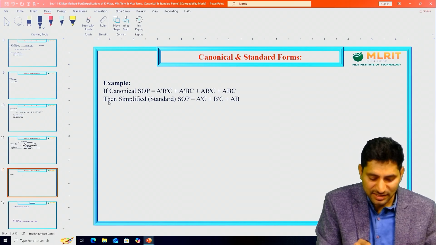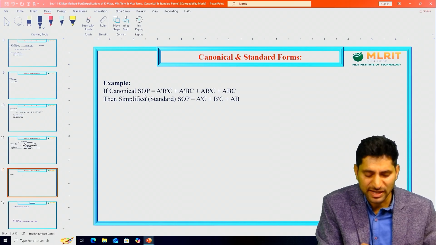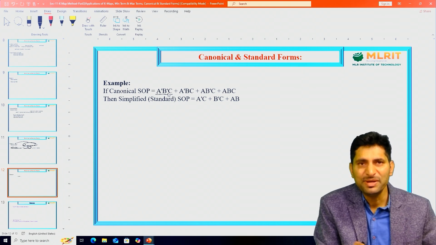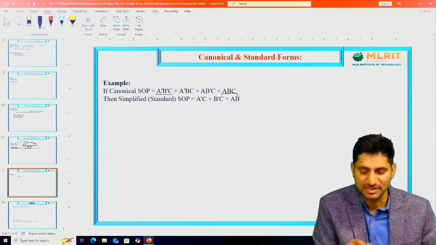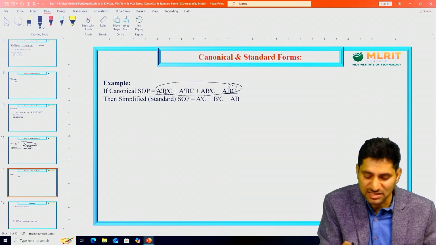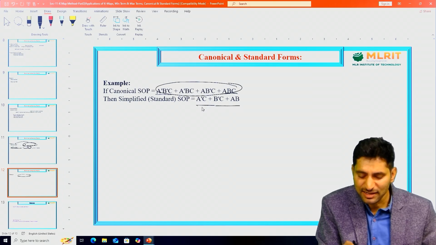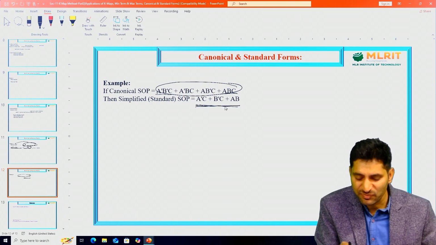Let us take an example. If the canonical SOP form is A bar B bar C plus A bar B C plus A B bar C plus A B C, and we simplify it, we get this function below.